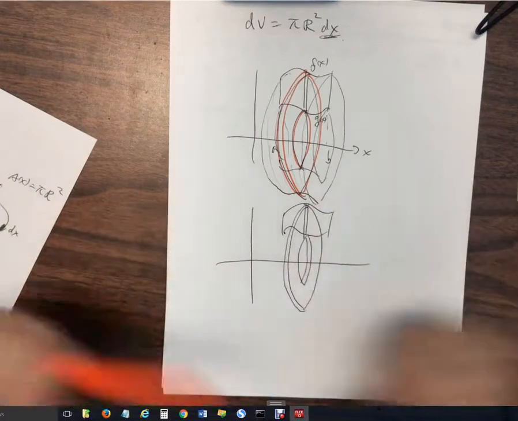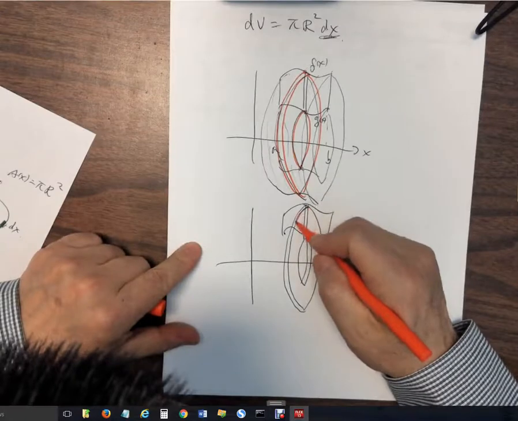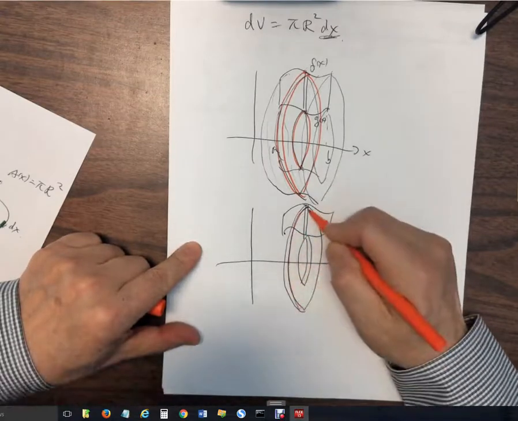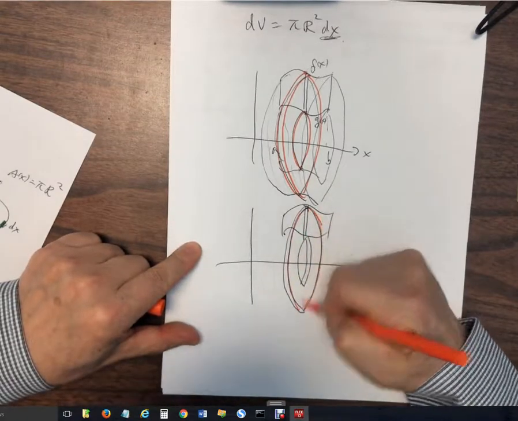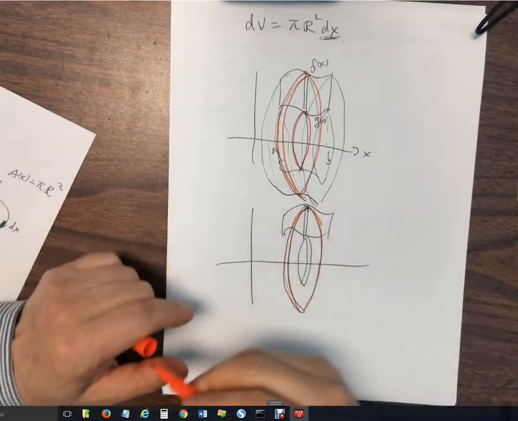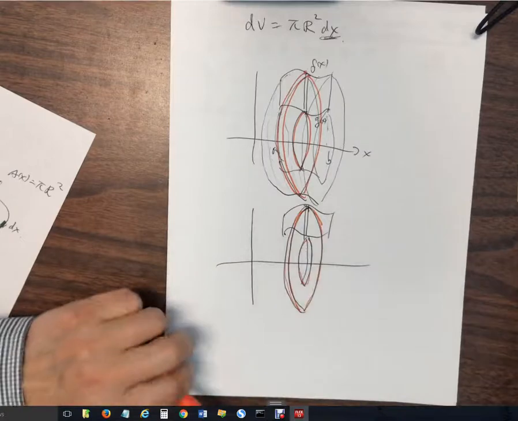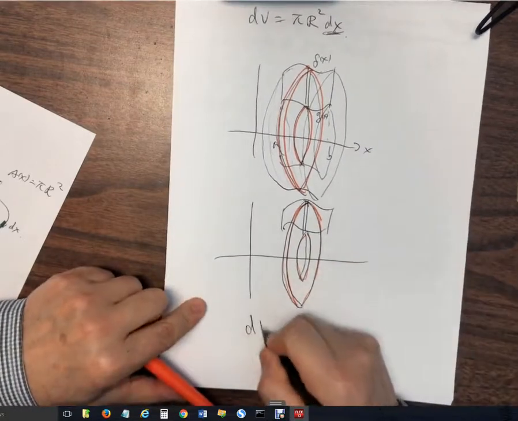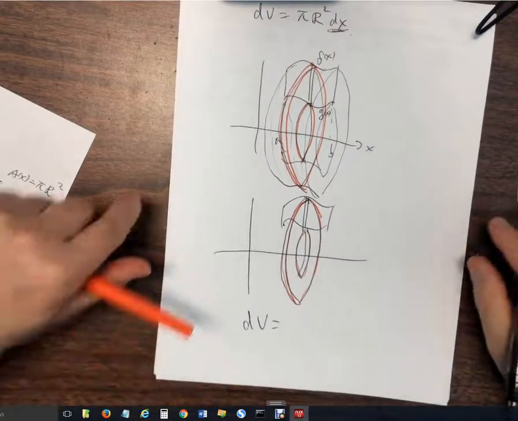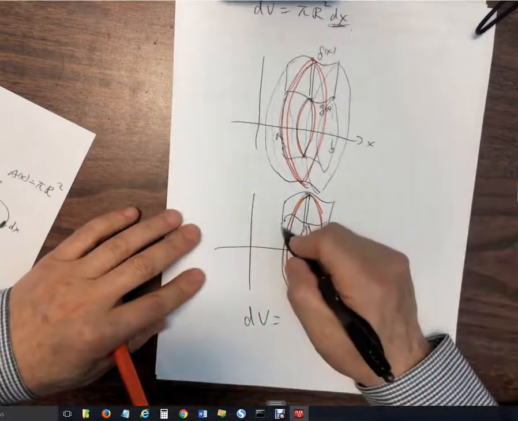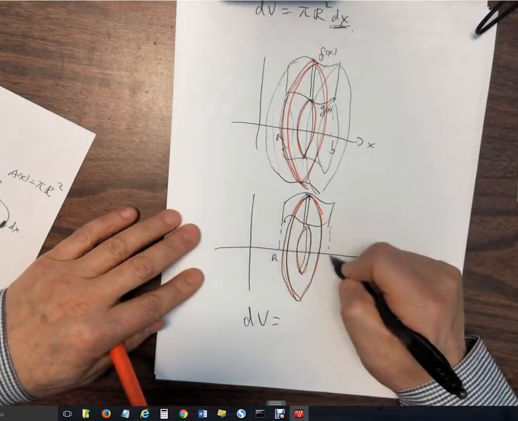Now we have the same washer shaped slice. Of course, the idea is, if we could find the volume for one slice, then we add up from a to b.